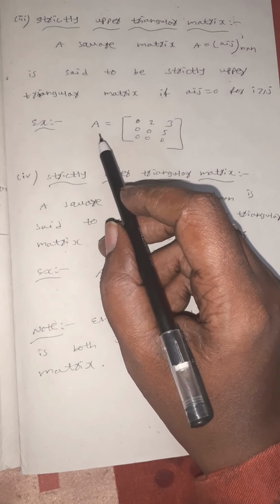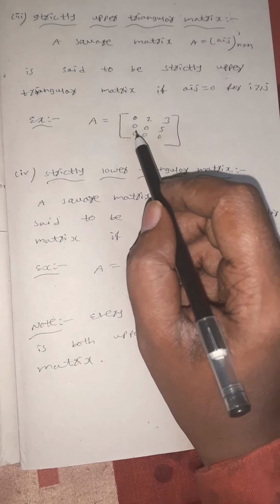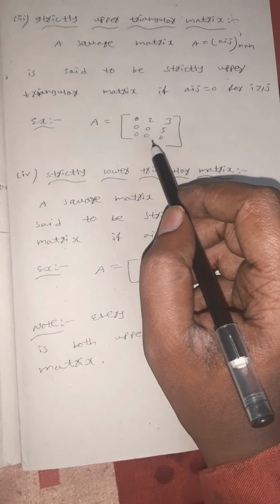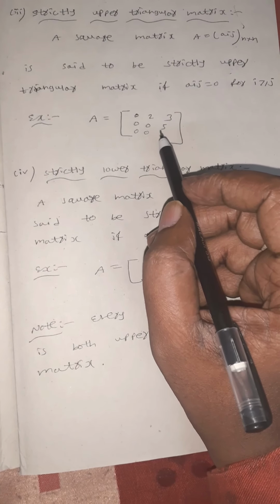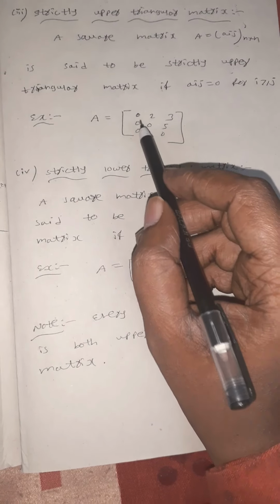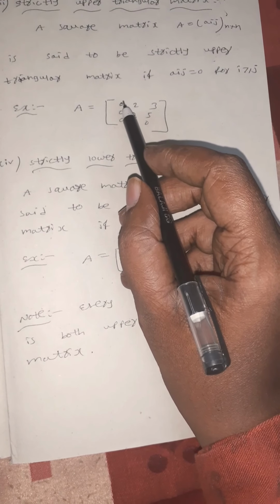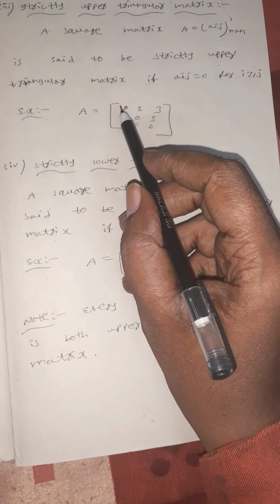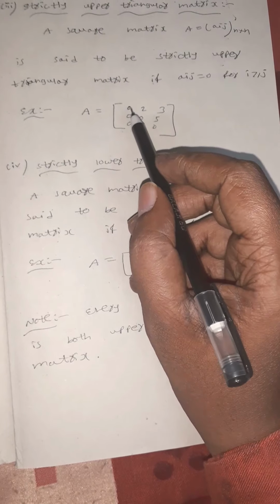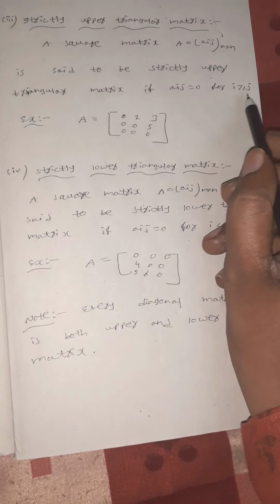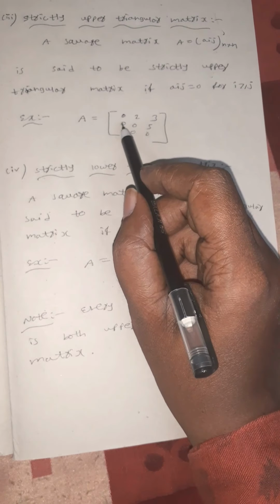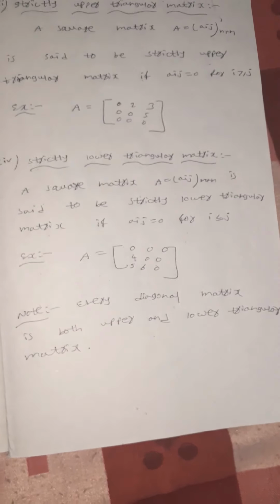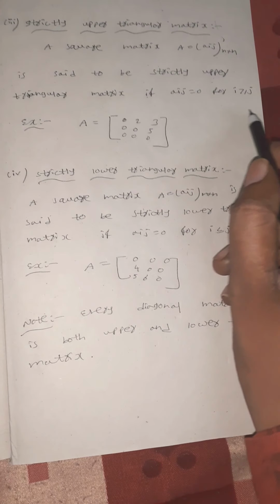If you take an example here, A is equal to 0, 2, 3, 0, 0, 5, 0, 0, 0. So here the first 0 is in the first row, first column, meaning i is equal to j. Condition satisfied. The second 0 is in the second row, first column.